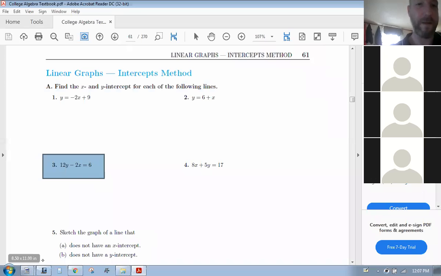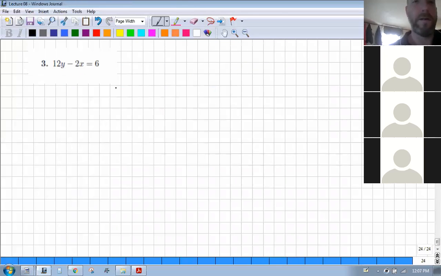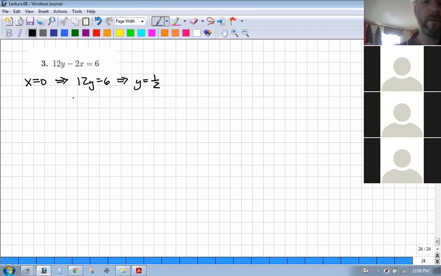So like this guy here. Notice it's not in y equals mx plus b form. We don't have to put it in that form, but we could. All right. But just to find the intercepts, if x equals 0, then 12y equals 6, which means y equals a half.